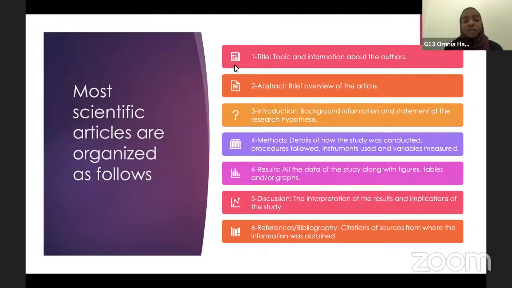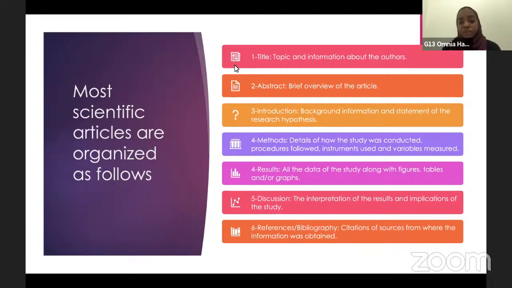Most of the scientific articles are organized as follows. We'll have a title, which will give the topic and information about the authors. We will have the abstract, which is a brief review of the article. We'll have the introduction, which is background information and a statement of the research hypothesis.